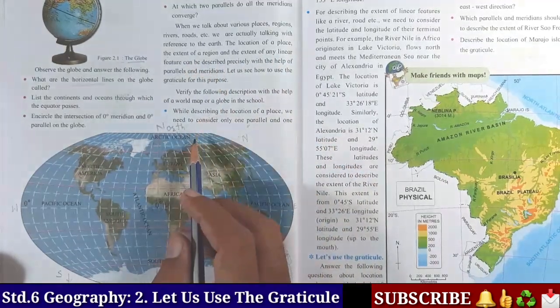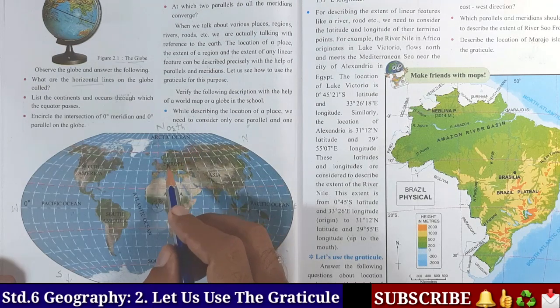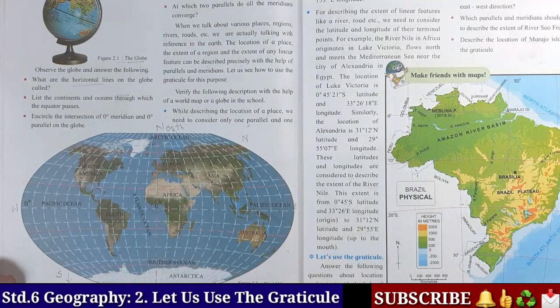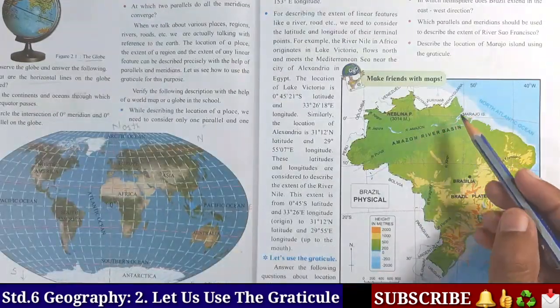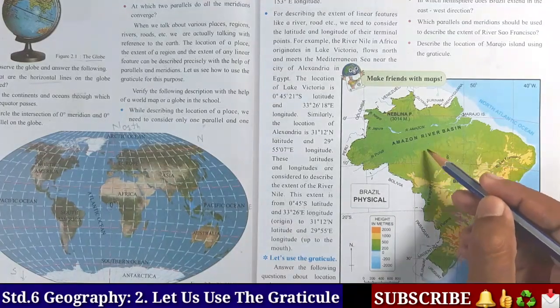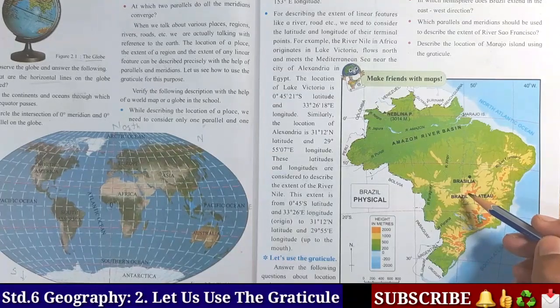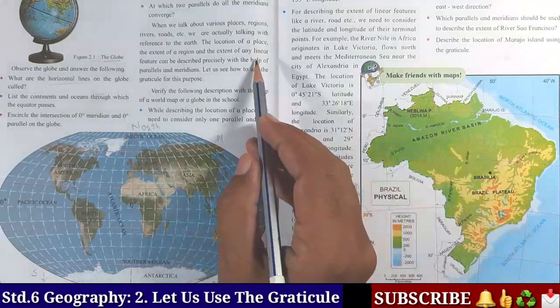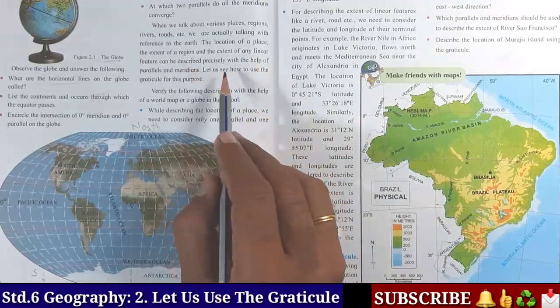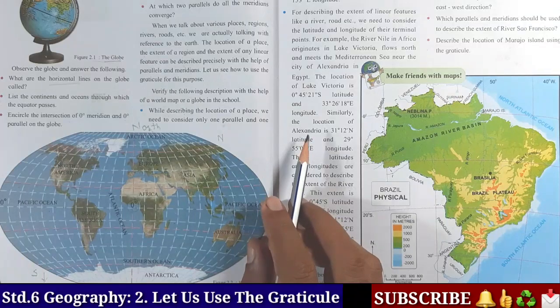A linear feature is something we can show with the help of lines. See, in this map of Brazil, we can show the rivers with the help of lines. Can you see the lines? So any linear feature can be described with the help of parallels and meridians, or longitudes.